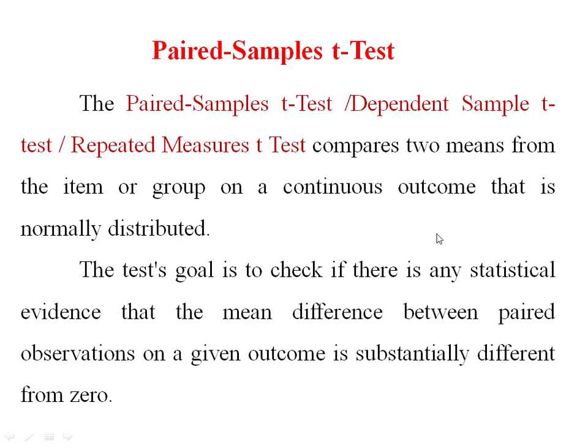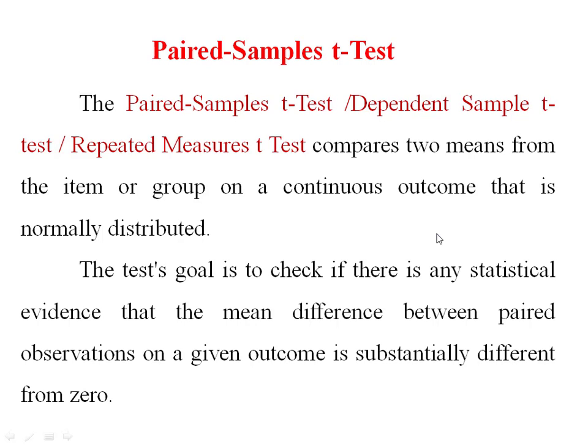For example, if we take one manufacturing unit, the performance of the workers in the particular unit. Now we take the actual performance or output of the workers on a particular day. Then we give certain training to the workers about the particular job over a certain period. After that, we take the performance of the same workers after the training.